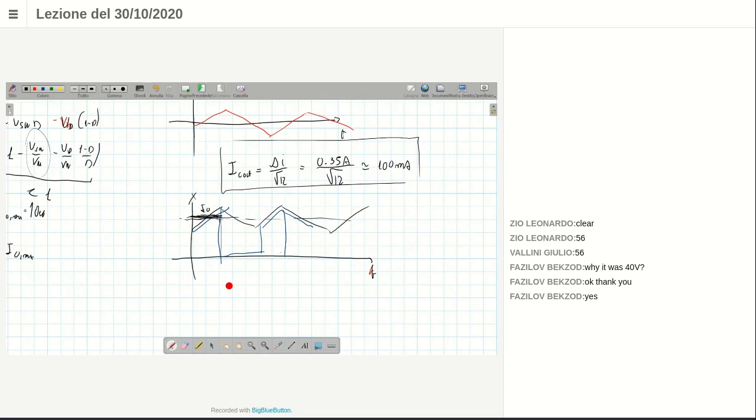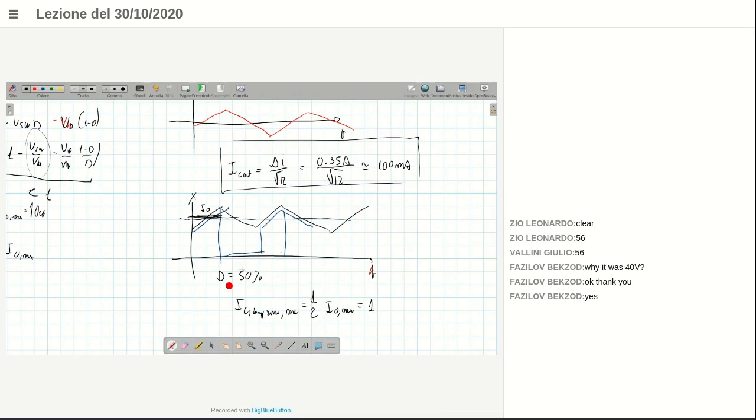Under this assumption, and considering that the RMS value of this square wave is most critical when the duty cycle is 50%, we can conclude that under this condition and approximation, IC in RMS maximum is equal to 1/2 IO maximum, 1 amp.